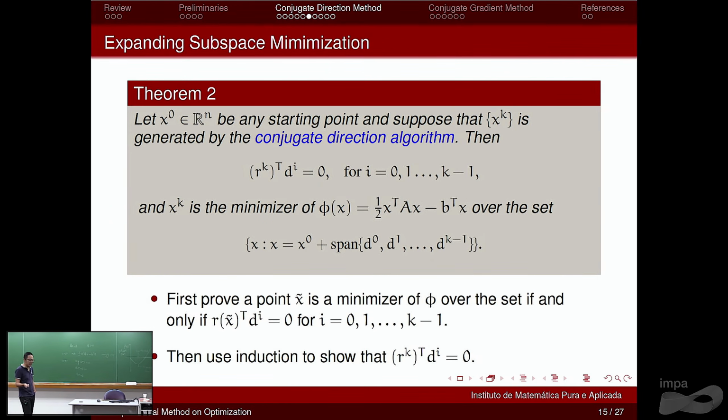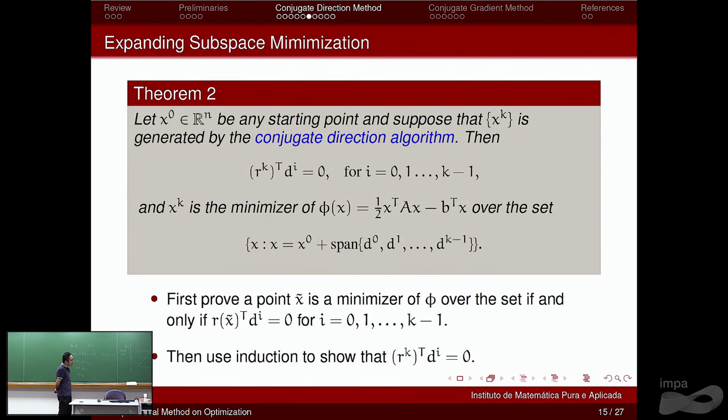We just know they are conjugate with respect to the matrix A, but we do not know how to compute them. In the conjugate gradient method, you will have a specific formula to compute the direction in each iteration.